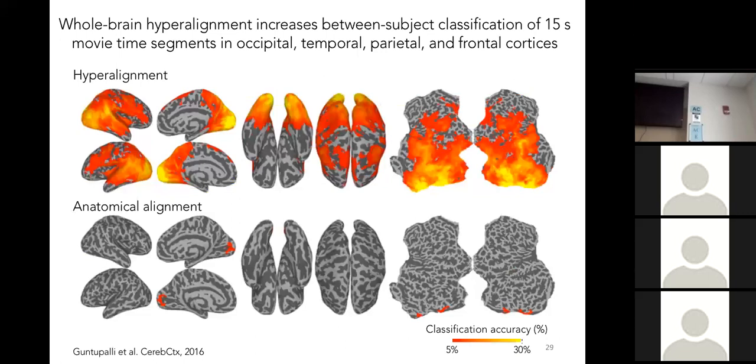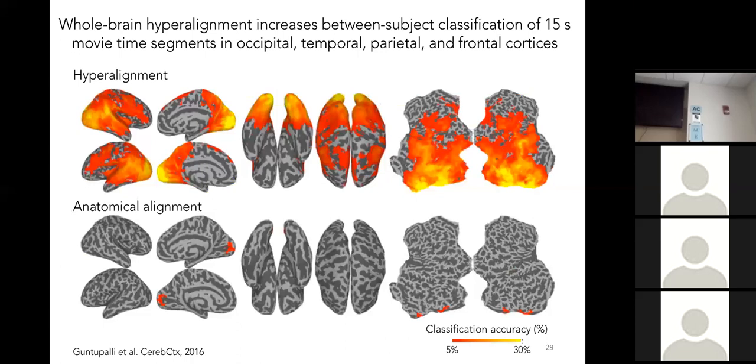How many segments? Yeah, so with the sliding time window, we have time segments that are centered at each time point.